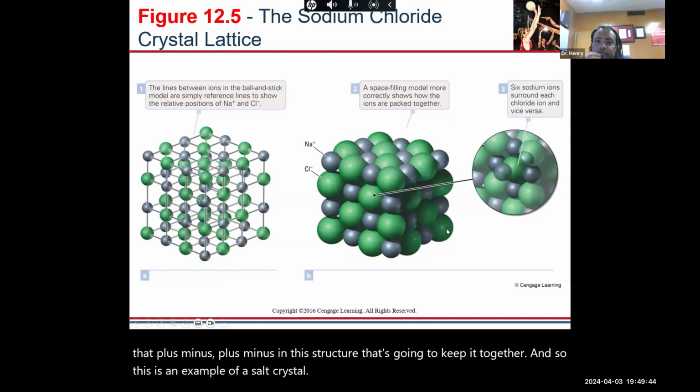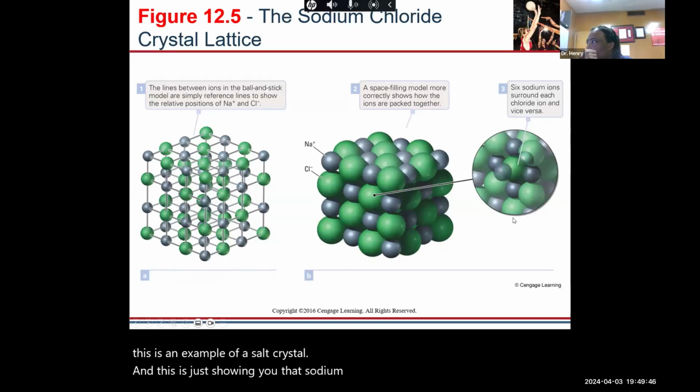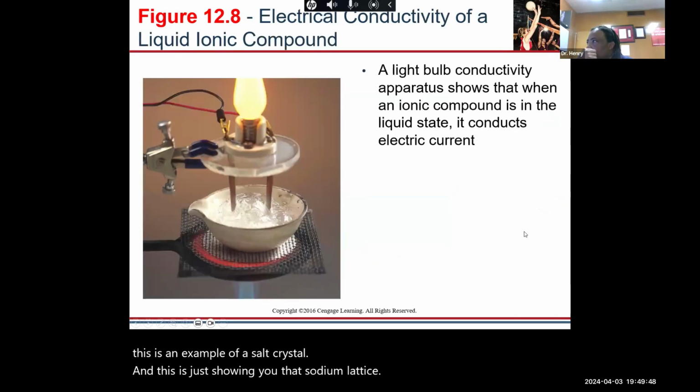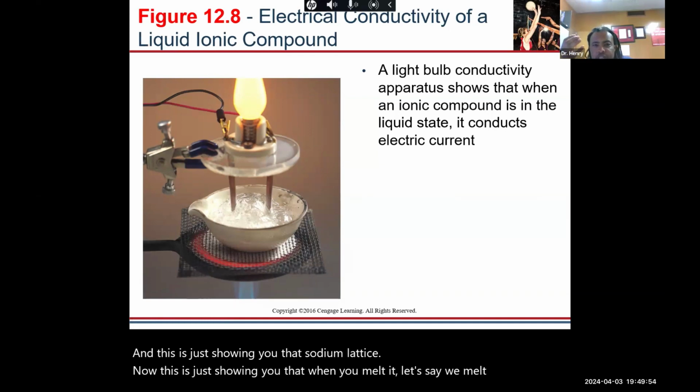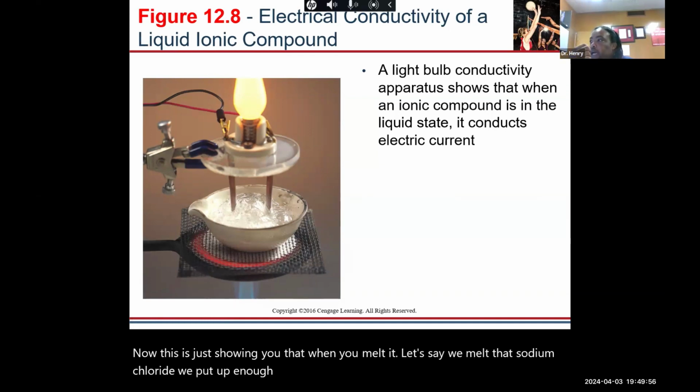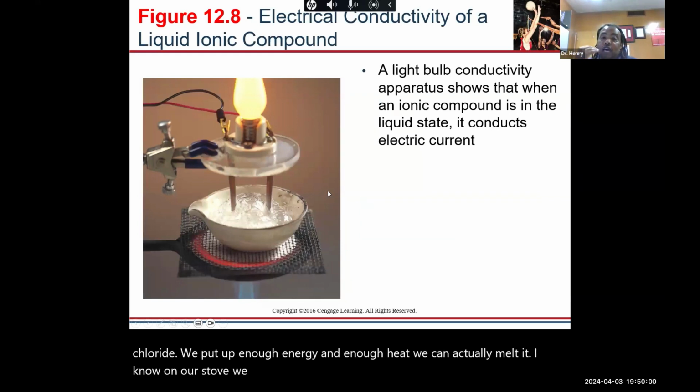And this is just showing you that sodium lattice. Now, this is showing you that when you melt it, let's say we melt that sodium chloride, we put up enough energy and enough heat, we can actually melt it. I know on our stove we can't melt salt, but enough heat will actually get it to melt.